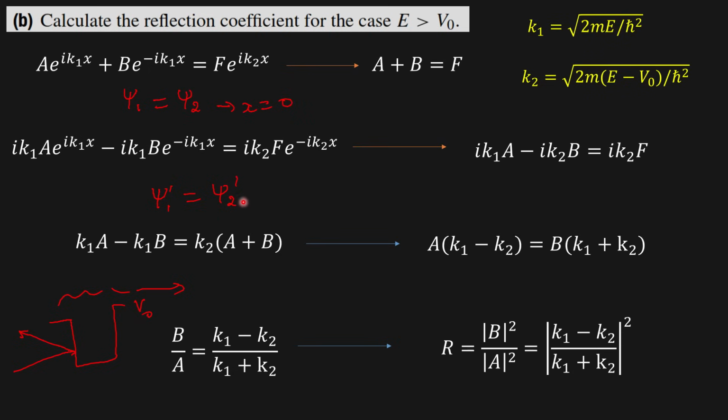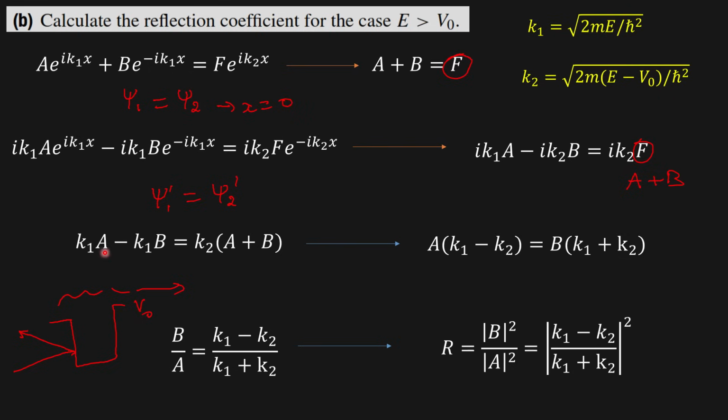So here you can take k1 A minus k1 B, which is equal to k2 multiplied by (A plus B), because we got here, F is equal to A plus B. So when you rearrange the terms, you group A and B, A to the left hand side and B to the right hand side.